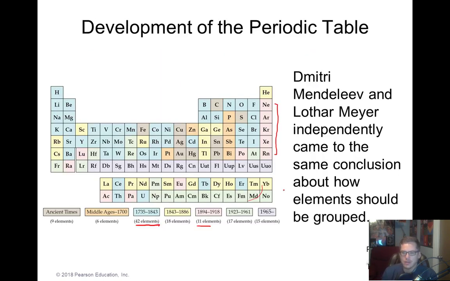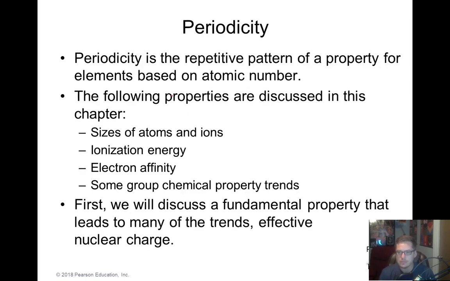Cobalt and nickel is the quintessential example. Lots of people point that out, because cobalt's average atomic mass is actually heavier than nickel's average atomic mass. All right. So anyway.